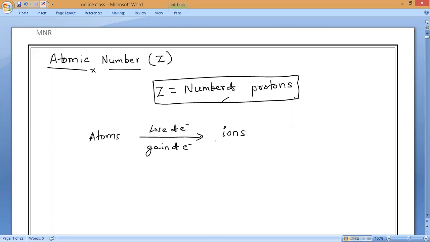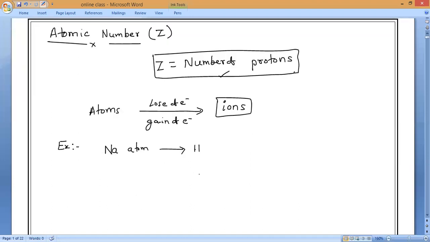But atomic number of atom and atomic number of ion, both are same or different? Same. Yesterday I gave so many examples. If you take the example of sodium atom, what is the atomic number of sodium atom? 11. Yes or no? 11 means it has 11 protons. And sodium ion, Na plus, will lose how many electrons?